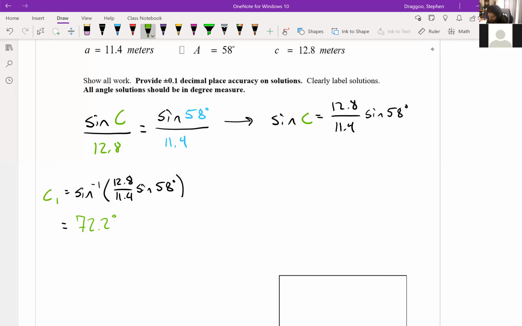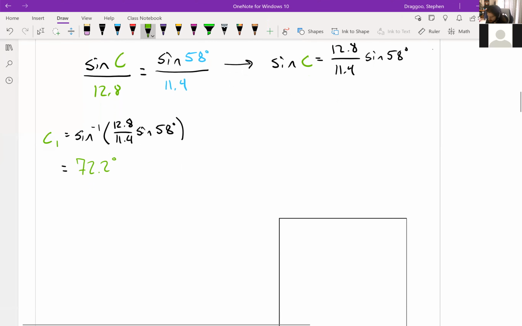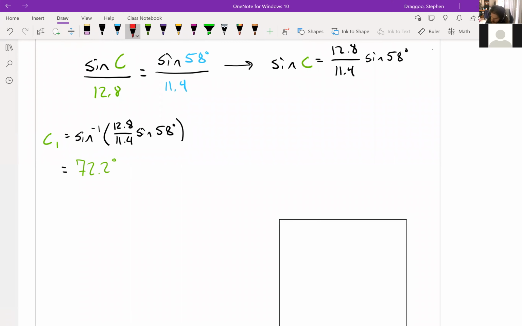When we go back and check for C2, this is the step we're going to come back to. But for starters, let's finish solving the first triangle. Next, we should get angle B1, which ought to be 180 degrees minus angle A minus angle C1.